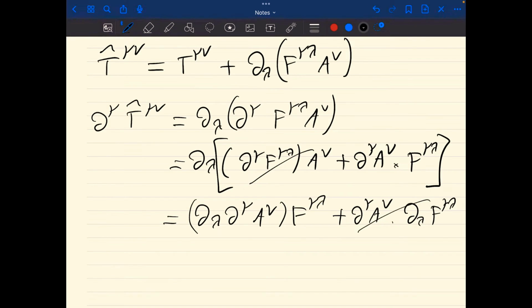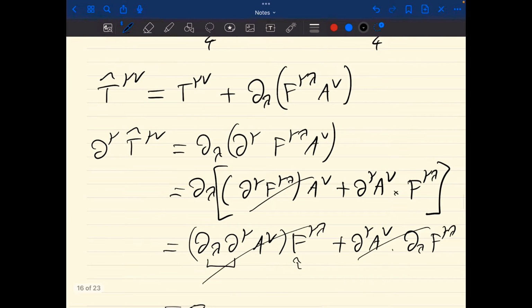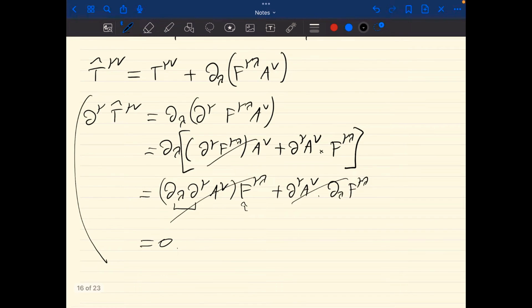The first term vanishes because this operator is symmetric in lambda mu, while the tensor here is antisymmetric. So this is actually 0. So indeed, we can add such a term to the energy momentum tensor, and that does not affect the conservation of energy and momentum. Okay.